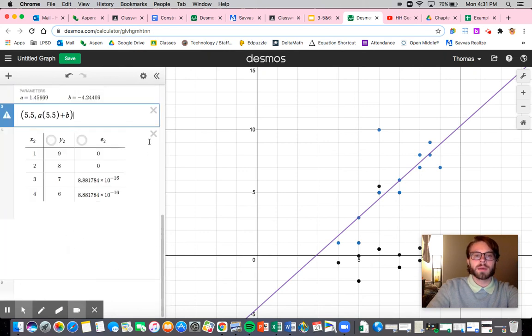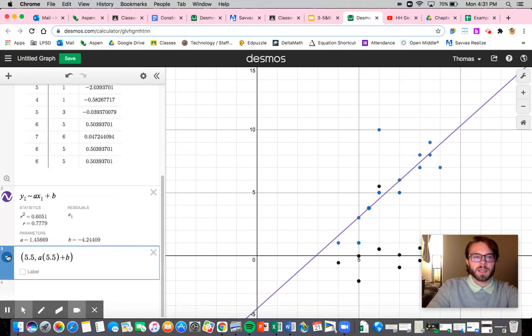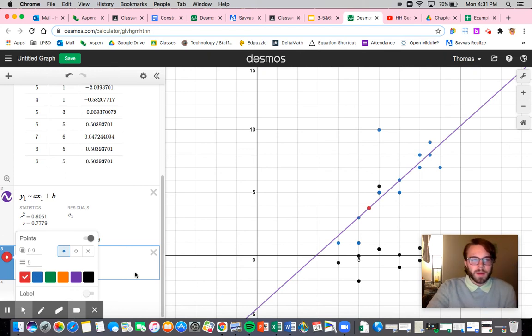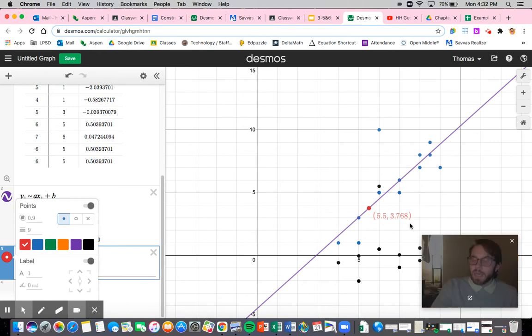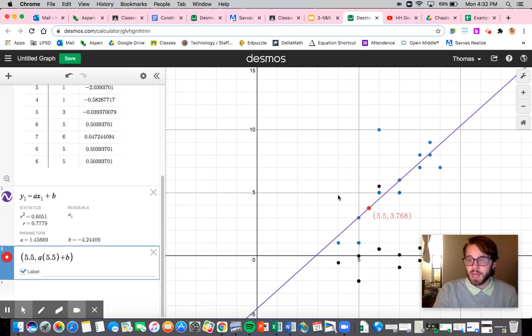I'm just going to delete that, and change that color because I can't see it. And I'm going to label it. And there you go. There's that interpolated point. So I would predict that if my X value was 5.5, my Y value would be 3.768. That's what I'm predicting. This is my point of interpolation.